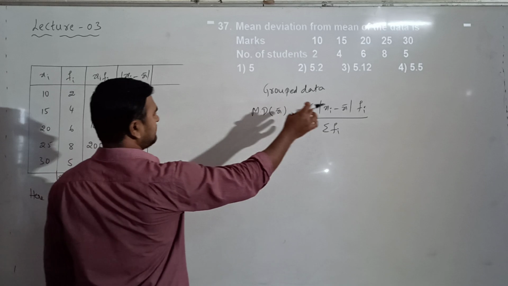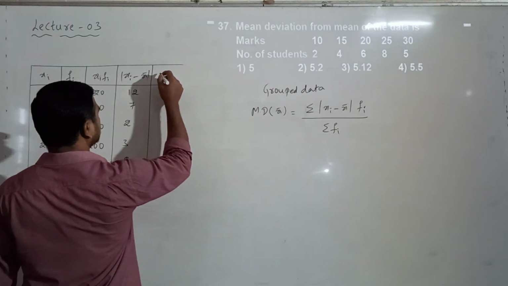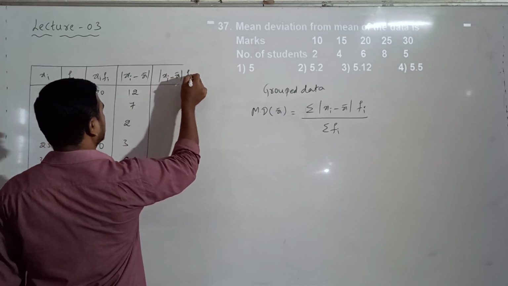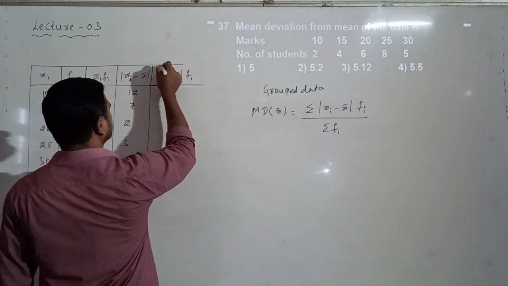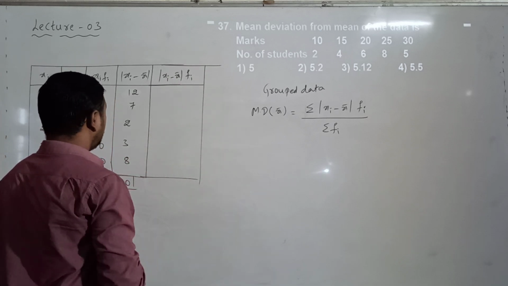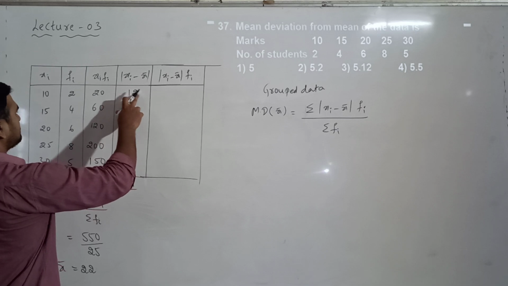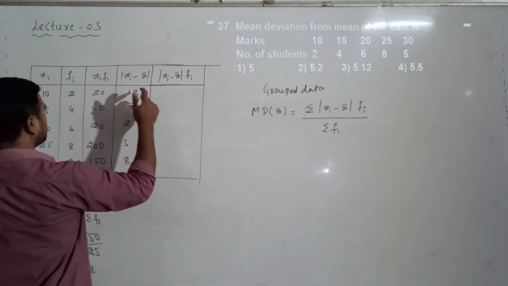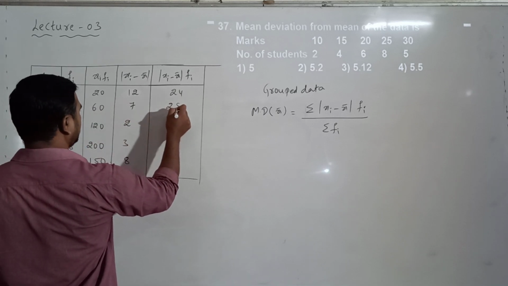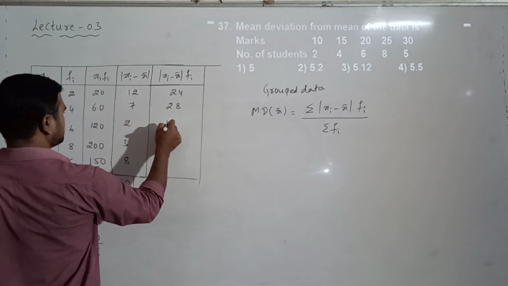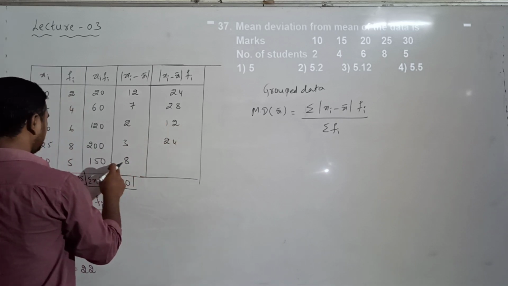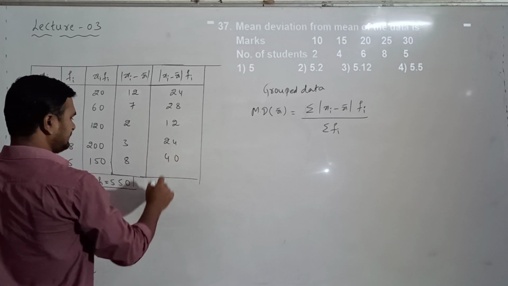So this is the modulus of xi minus x bar. Now we need to multiply it with the corresponding frequency. So modulus of xi minus x bar multiplied with their corresponding frequencies. So 12 twos are 24, 7 fours are 28, 2 into 6 is 12, 3 into 8 is 24, 8 into 5 is 40.